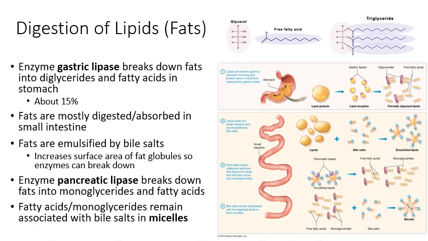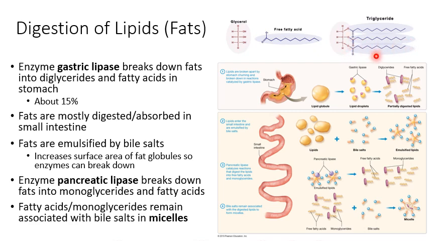So actually, first let's go back and review the structure of fats. A triglyceride here, this is a fat. A triglyceride is a glycerol molecule, which is shown in red, with 3 fatty acids attached to it, which is shown in blue. A fatty acid is just a chain of carbon and hydrogen with a carboxyl group on it somewhere.